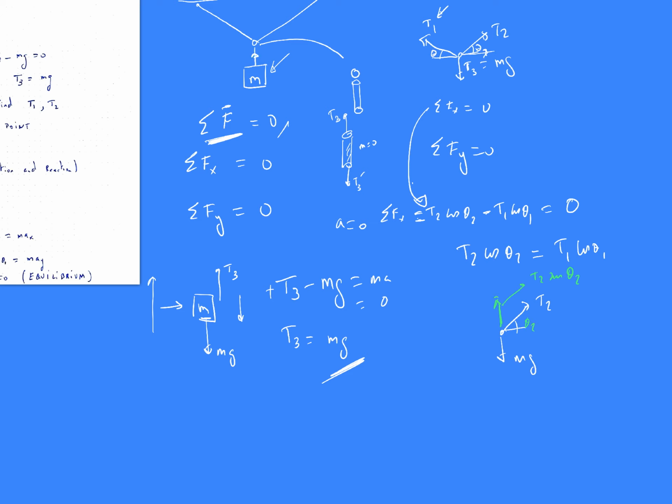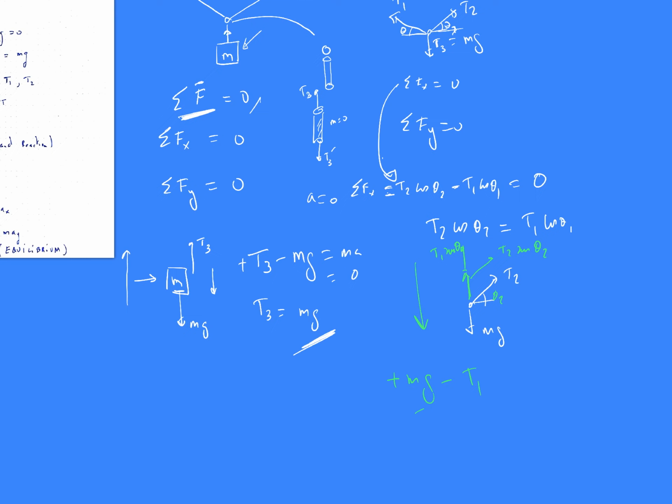And there is another force that is T1 sine of theta 1. So I have mg going downwards. T1, if I choose the positive direction going downwards, well, mg is going downwards.